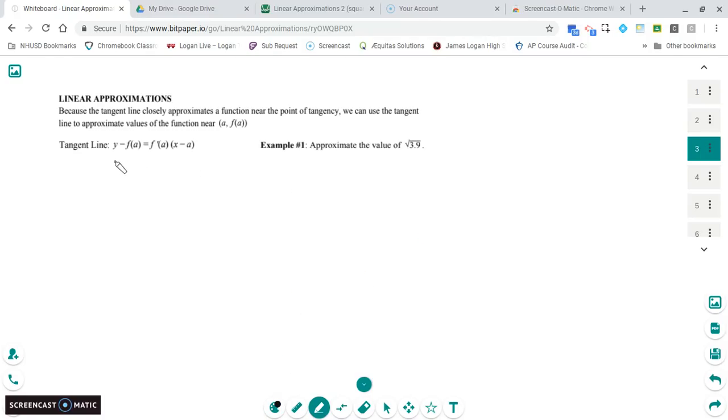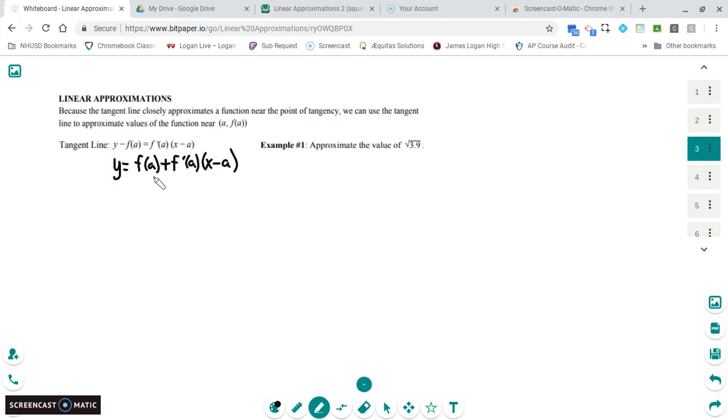So I have to solve for y. And that means that I'm going to add the y value to the other side. So I get y equals f of a plus f prime of a, that's the slope, times x minus a.